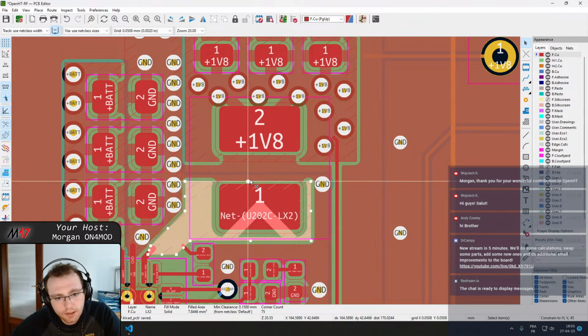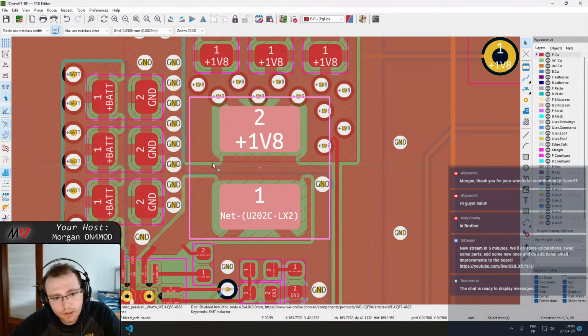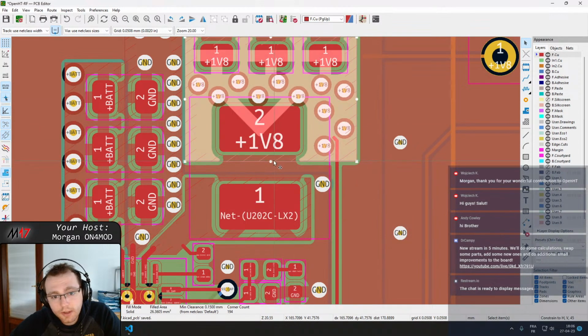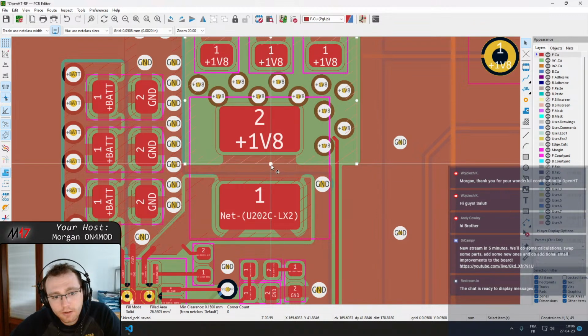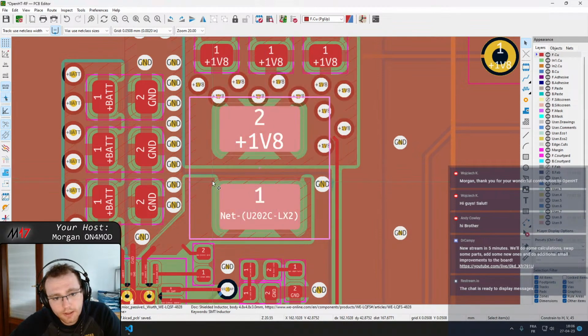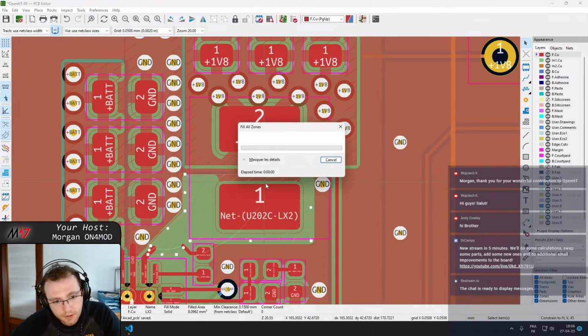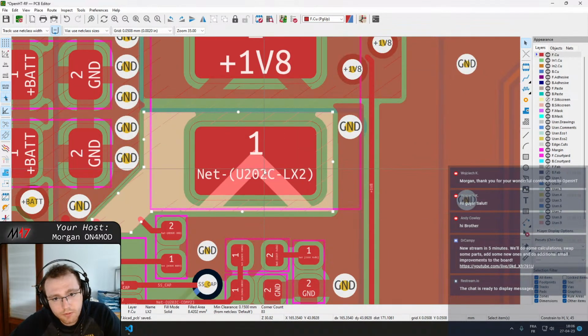Oh, can I maybe increase a bit the size of these? I would like to be able to have a connection all around the pad. Okay, but then I guess it's gonna break the sliver that I have just below. Not great.